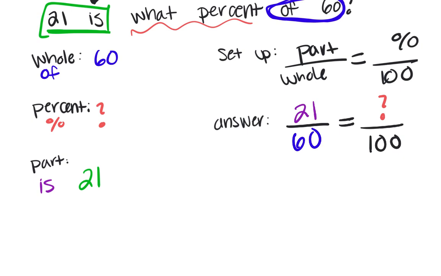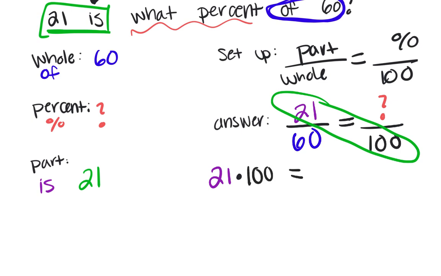Then we're going to cross multiply, so I'm going to go diagonally across, so 21 times 100 equals, we're going to go diagonally the other way, 60 times the question mark.